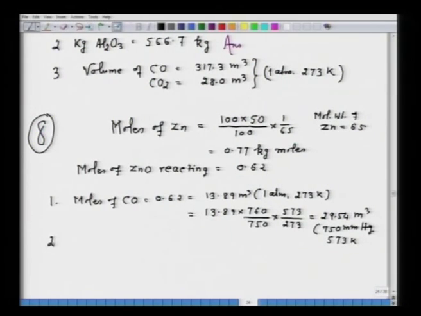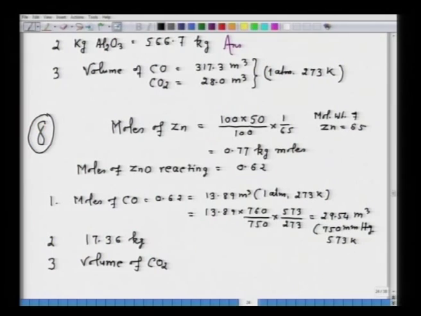Weight of CO, straight away you can find out 17.36 kg. You have to multiply it by the molecular weight of CO. Third, volume of CO2, straight away you can find out.